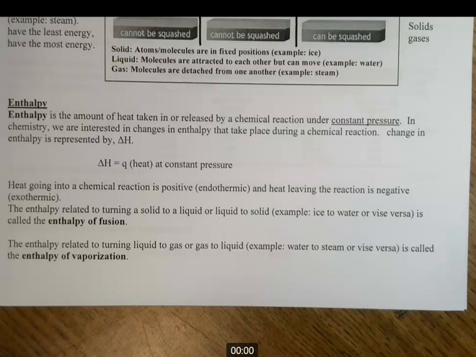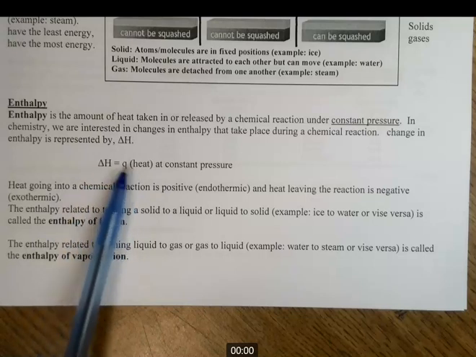As opposed to having something in a sealed container where you could have, say, an explosion inside that sealed container that doesn't blow up the container, of course, but the explosion causes the pressure to greatly increase inside the container. So that's not what we're talking about. If that's the case, then the definition of enthalpy changes, but you really are never going to be asked about that. You're just going to be asked about enthalpy as being heat. So basically, this equation is the one you want to think of.